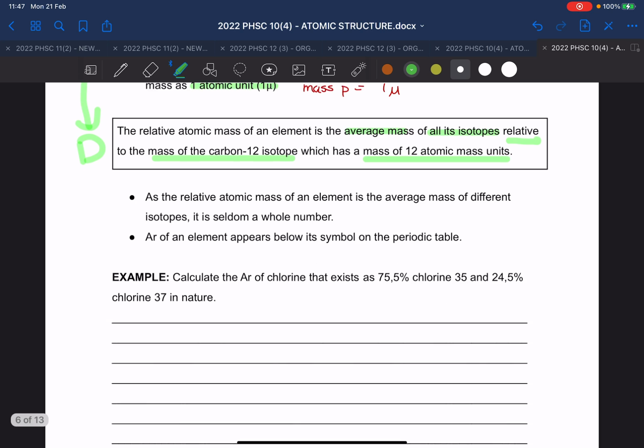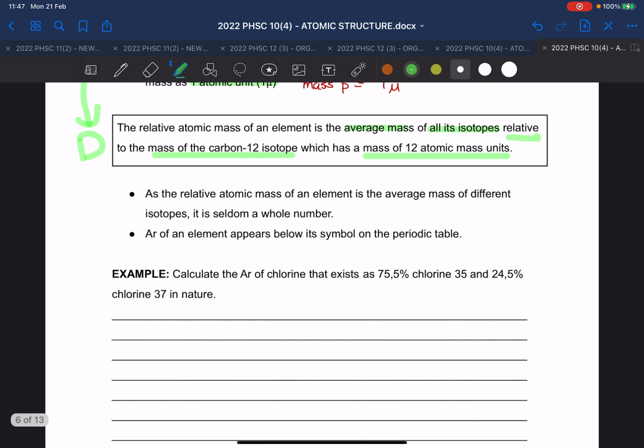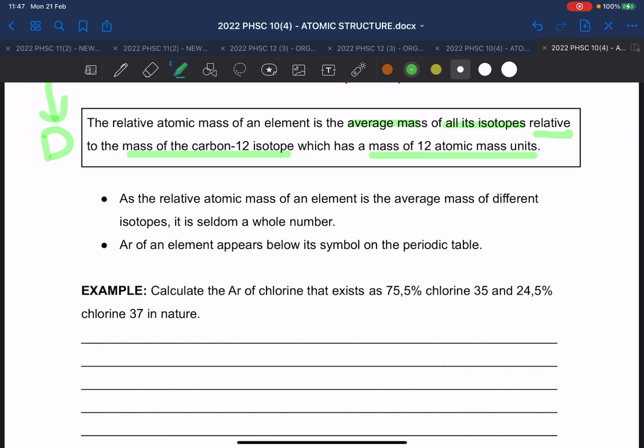It's a very complicated definition, but they do like to ask it in a test and exam, especially in grade 10. At the bottom they say the relative atomic mass of an element is the average mass of different isotopes. It is seldom a whole number, meaning it's almost never a whole number.